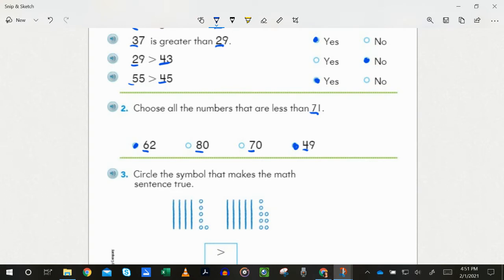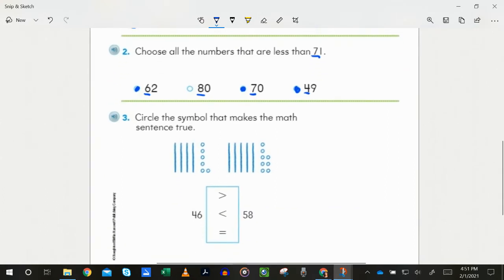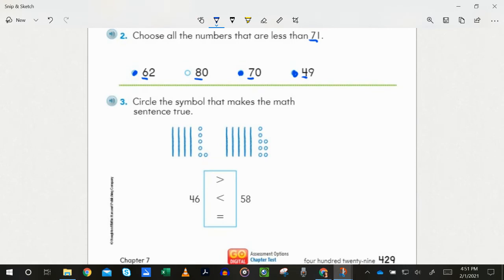Let's look at this one with the same number of tens. We have 7 tens and 7 tens. So now I look at the ones. I have 1, 1, 0 ones. 0 is smaller than 1, so that makes this number smaller as well. The only one that wasn't less was 80, and we know that quickly because it has 8 tens instead of 7 or fewer.